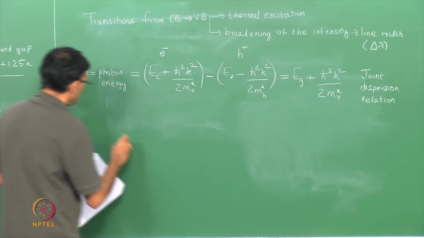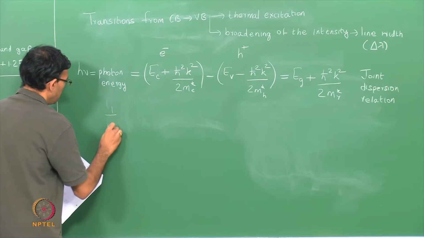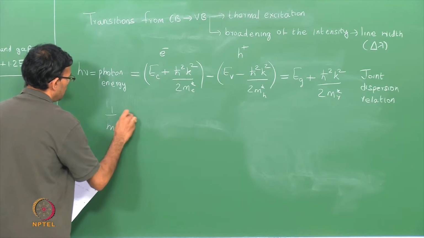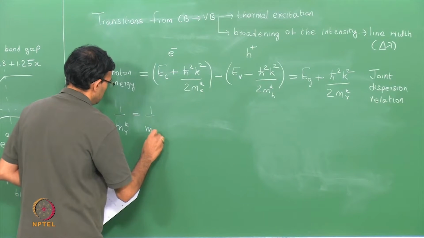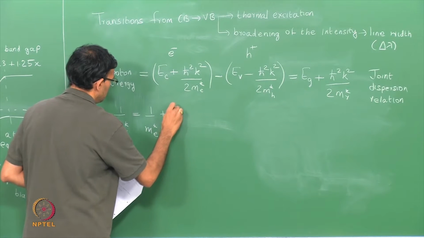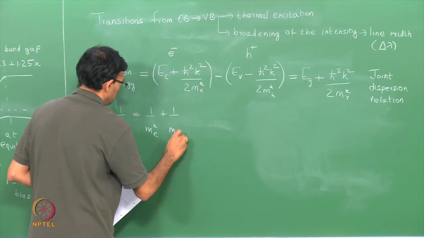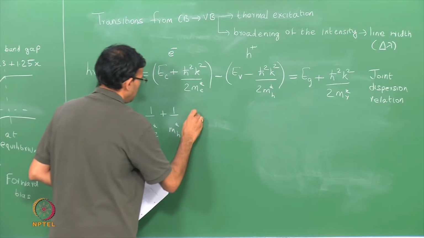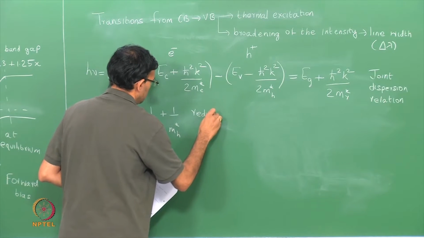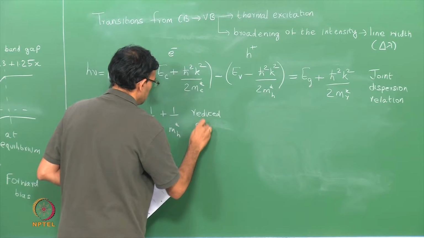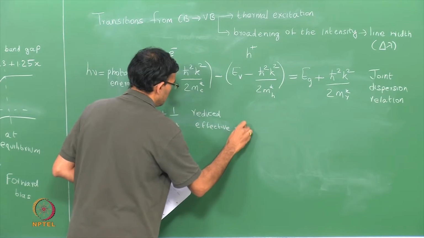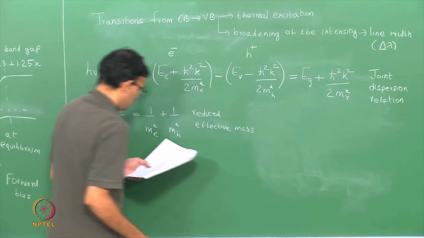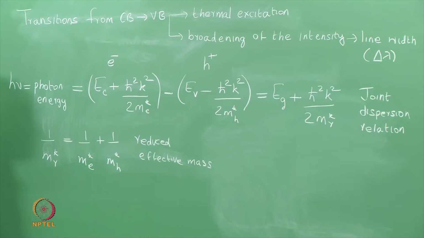M r star is called the reduced effective mass, where 1 over m r star is 1 over m e star plus 1 over m h star.